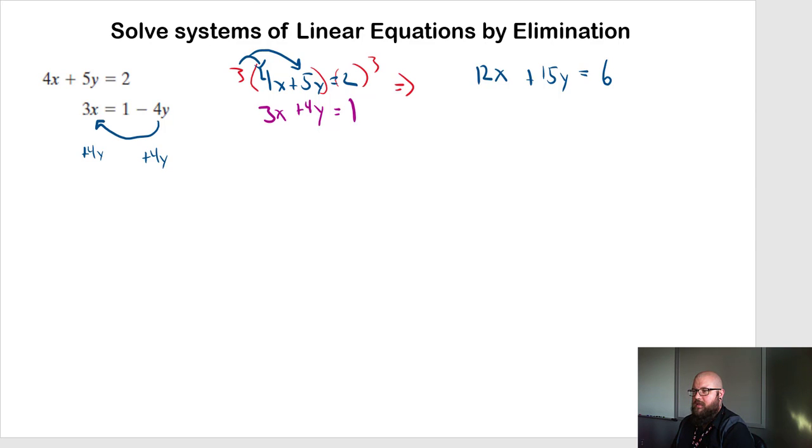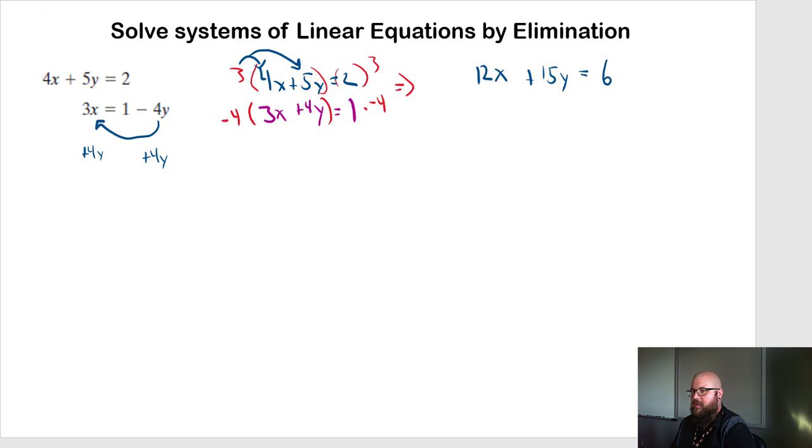Now, for the bottom part, we're going to make this a negative 12. So to get a negative 12 on the x, we're going to multiply times a negative 4. And then we're going to multiply a negative 4 on the other side too. What you do to one side, you have to do to the other.